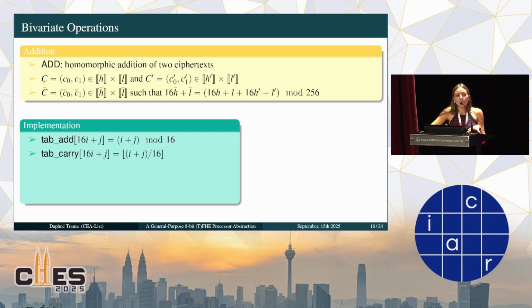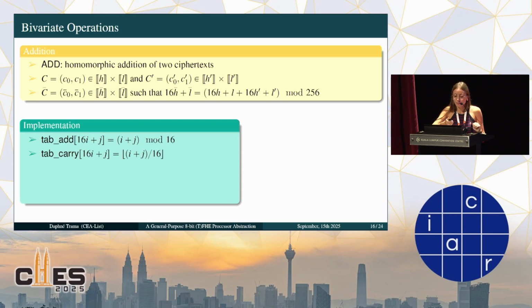Because when you perform in clear text the addition of 2 nibbles, well, a carry may be created that you need to propagate to obtain a correct result. So we need not only the table that gives us the addition of two 4-bit values, but also the table that gives us the carry that is created. And this is why we need two tables.